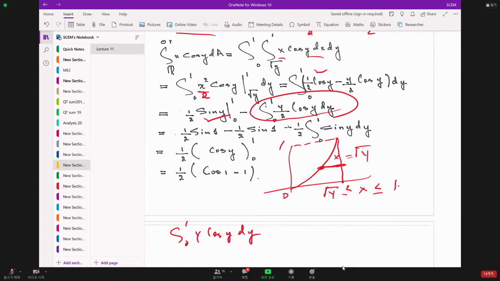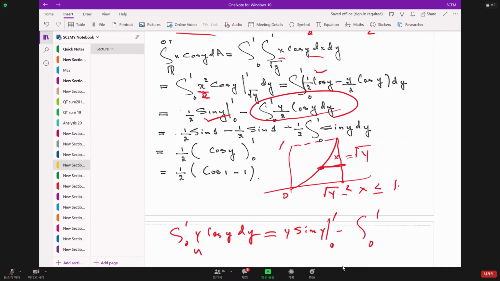Let's work this out. So you first integrate cos. If you integrate cos, you get sine y, times y, minus, and you put in the limits of integration, 0 to 1. Next, you integrate 0 to 1.